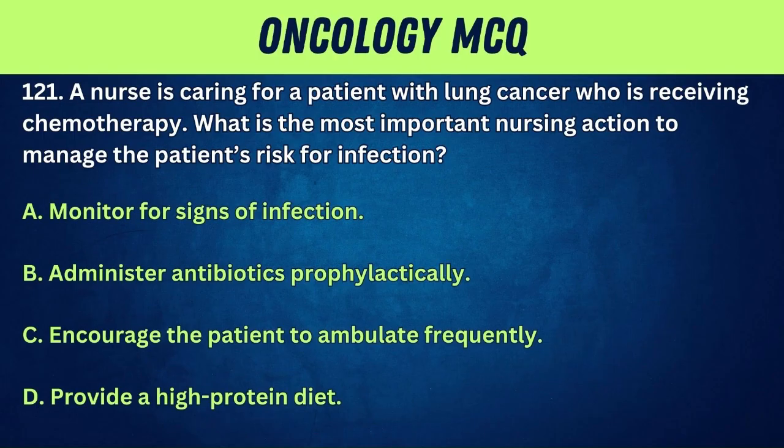121. A nurse is caring for a patient with lung cancer who is receiving chemotherapy. What is the most important nursing action to manage the patient's risk for infection? A. Monitor for signs of infection. B. Administer antibiotics prophylactically. C. Encourage the patient to ambulate frequently. D. Provide a high-protein diet.